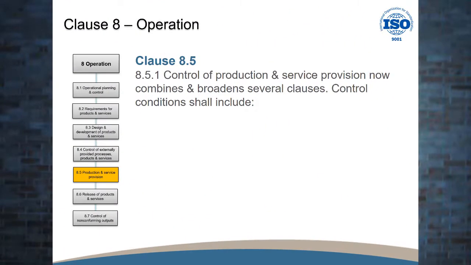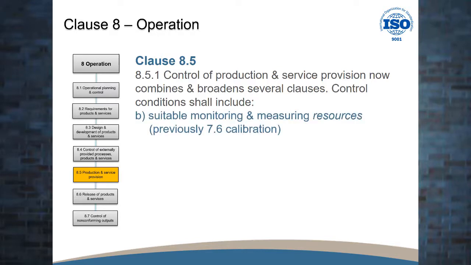So 8.5.1, the provision now combines and broadens several clauses. So controlled conditions, basically we're talking about production or service being executed with controlled conditions, and those things that have been added here are suitable monitoring and measuring resources. This previously was 7.6.